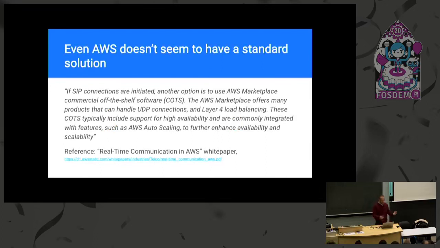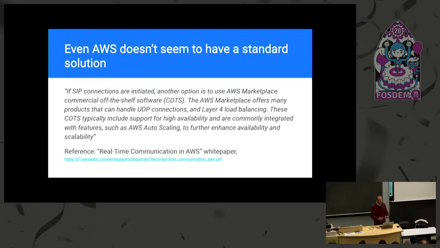So of course, we've been reading during these months, and we were looking at suggestions and recommendations, and you can pick up, for example, this AWS white paper about all the solutions for real-time communication. Then you start getting more and more excited as you read, but then you find this eventually when you need to find a real solution for SIP networks.